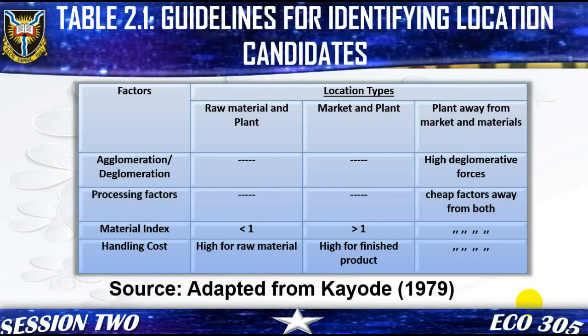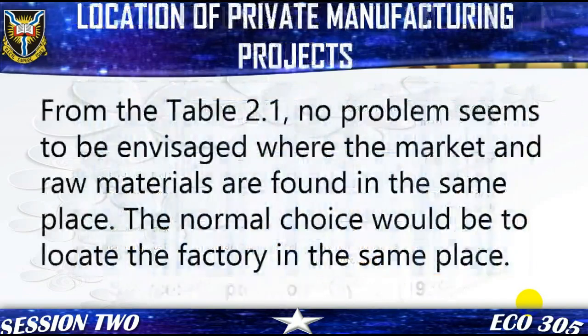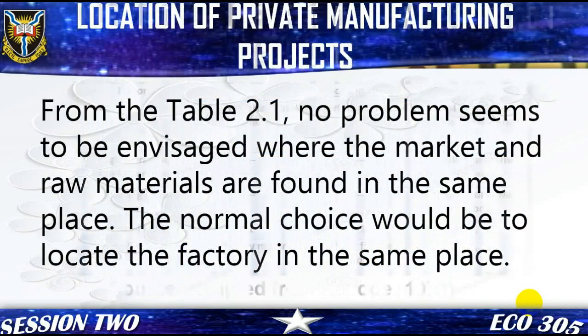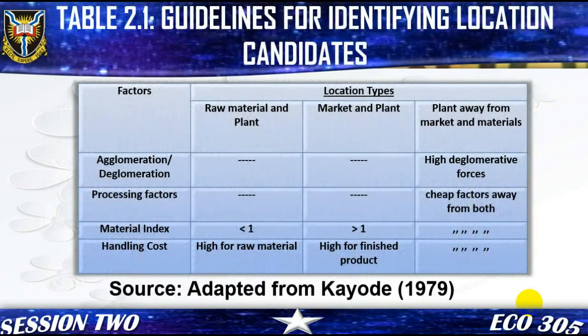Three conditions can be summarized from the table above. 1. If the material index is less than 1 and/or the handling cost is high for the raw materials, then the raw materials deposit becomes a strong location candidate. 2.